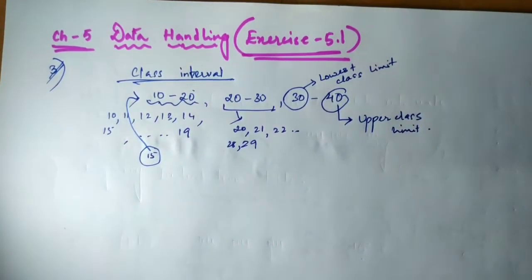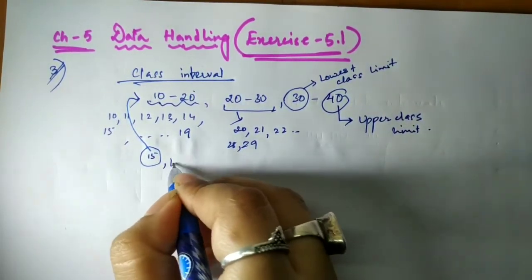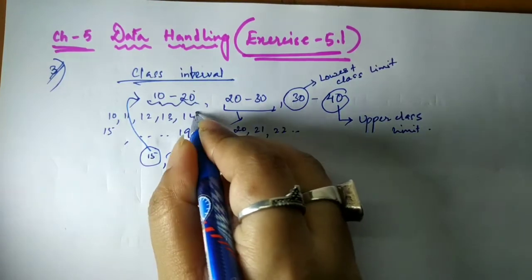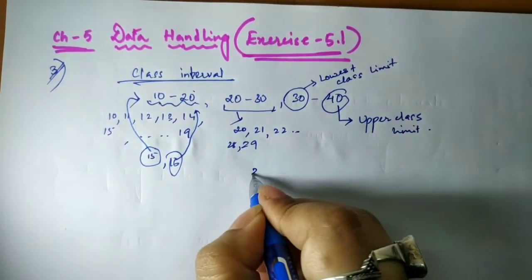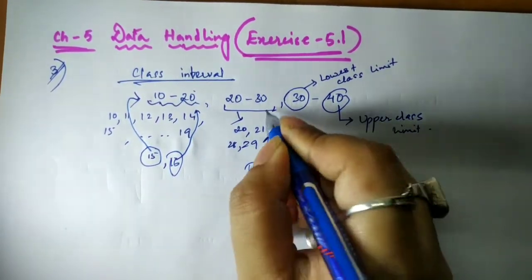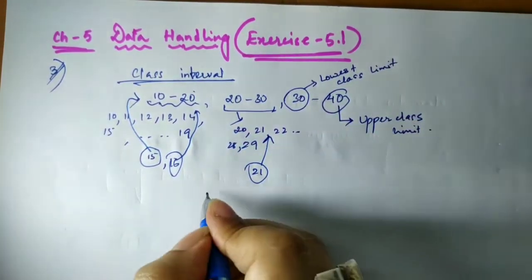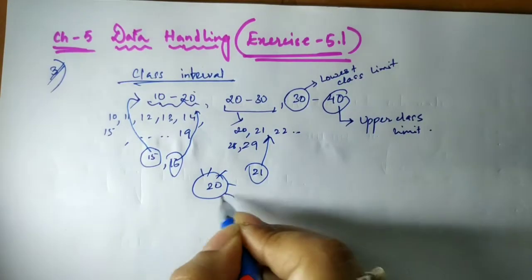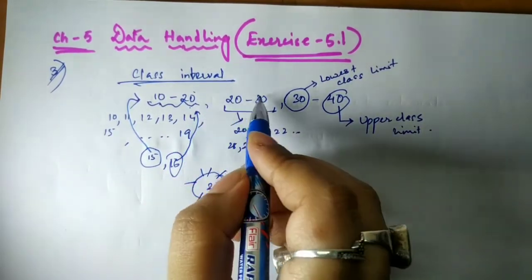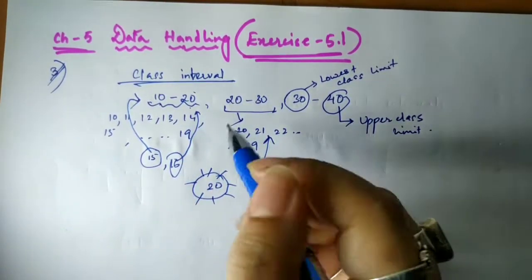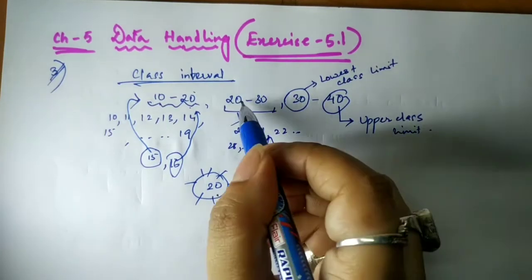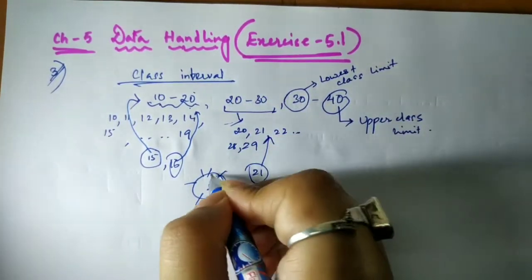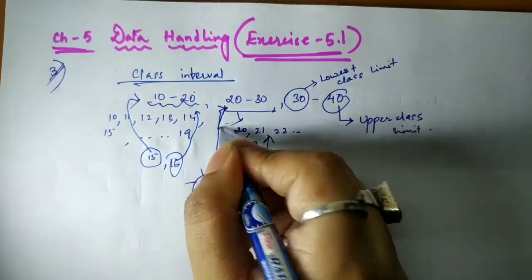If there is a data 16, it will also fall here. If there is a data 21, it will fall in this category. But if there is a data 20, in which category will it go? Here also we have 20, and here also we have 20. Always remember, 20 will go where 20 is the lower class limit. So this data will go here, not here.